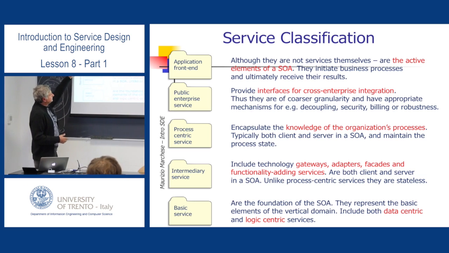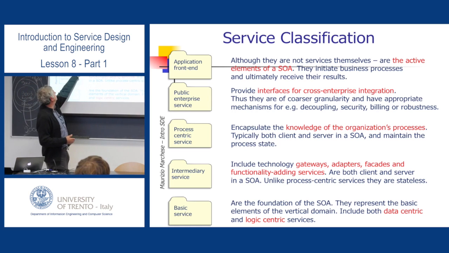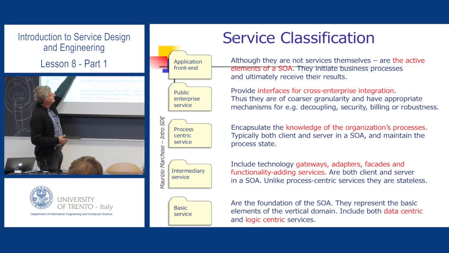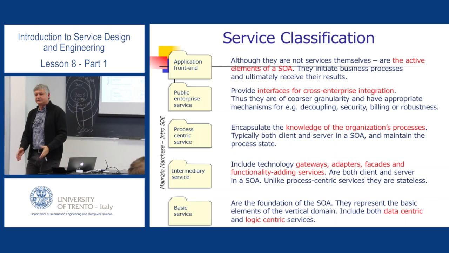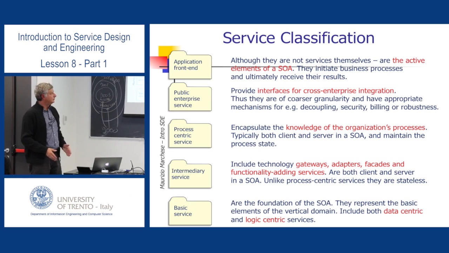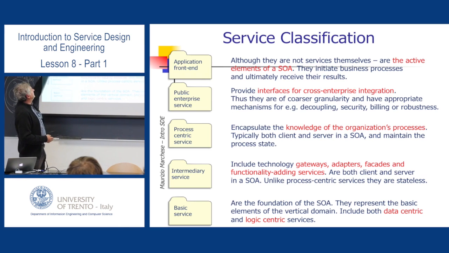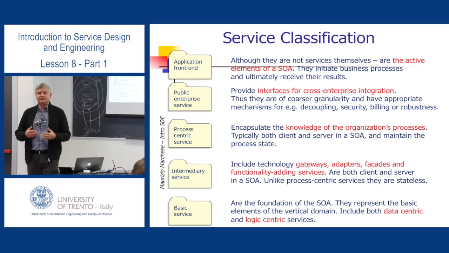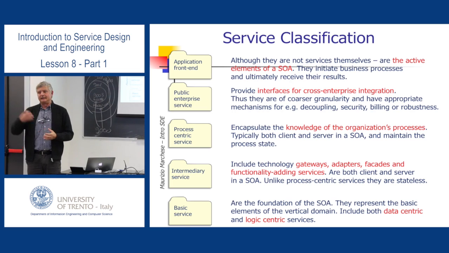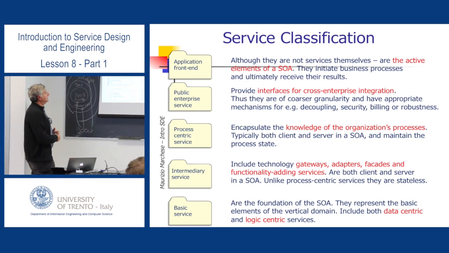There is a split between the process-centric, the business process of a particular organization, division, slice of your business domain, and the public enterprise services, which are exposed to others outside your domain.